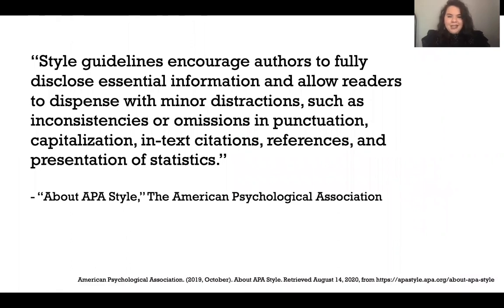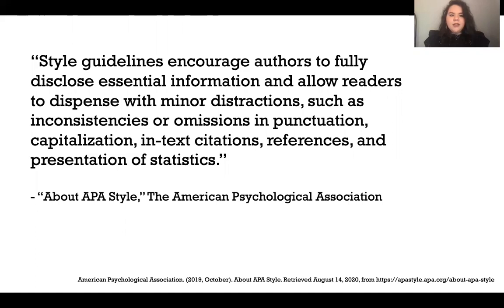According to the American Psychological Association, which is what APA stands for, style guidelines encourage authors to fully disclose essential information and allow researchers to dispense with minor distractions like inconsistencies, omissions in punctuation, in-text citations, anything that you've seen while you're reading through a book that is kind of distracting from the actual text itself.